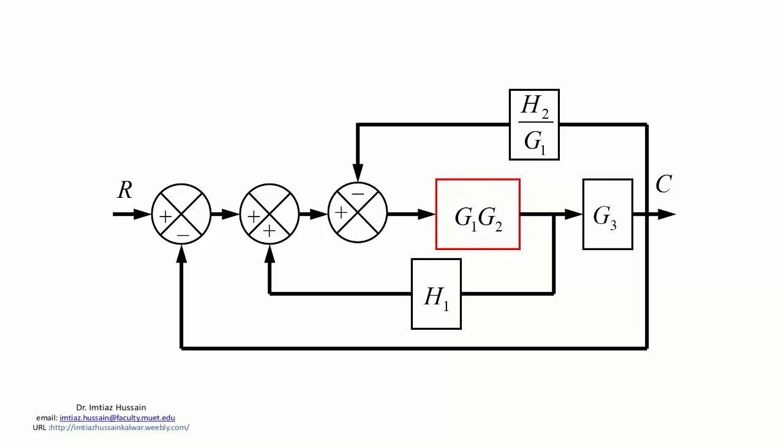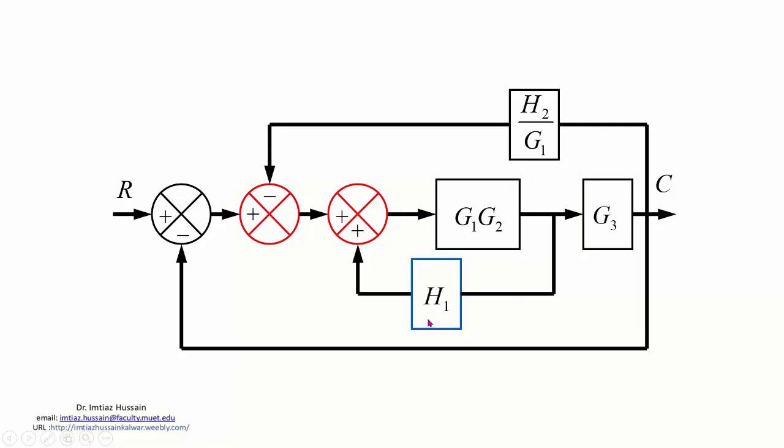So let us shift this. There's a possibility that you can interchange these summing points. If I interchange these summing points, I get an arrangement like this. Now the benefit of interchanging these two summing points is that the forward path G1 G2 comes in a closed loop with H1. So you again have a closed loop path, and then you can apply elimination of summing point to this in order to obtain G1 G2 divided by 1.